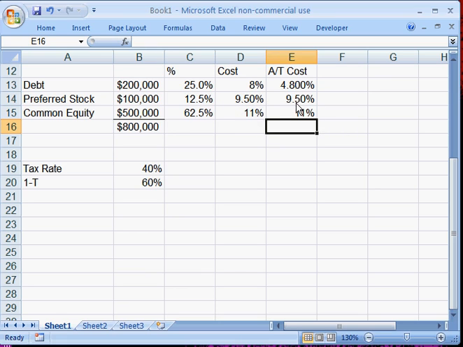And so debt represents 1.2% all in that weighted cost. Same thing here, 12.5% times 9.5% and 62.5% times the 11%. But since the formula is already set, I can just go to the lower right hand corner, click on your left mouse button, and drag it across.